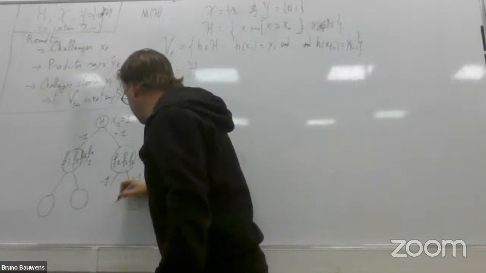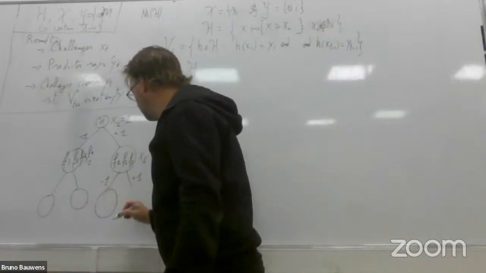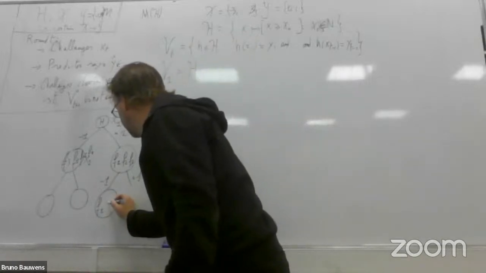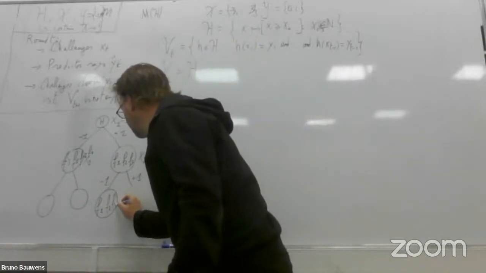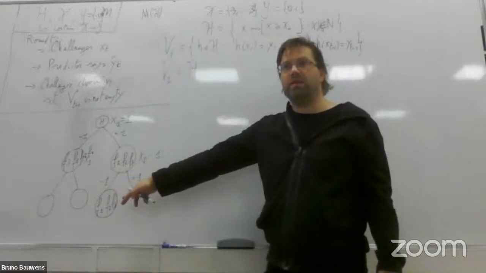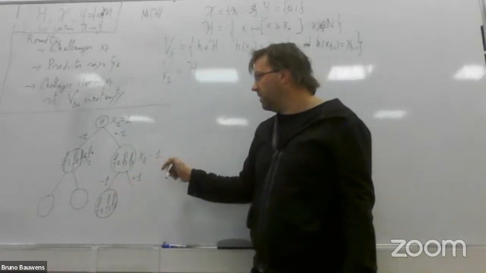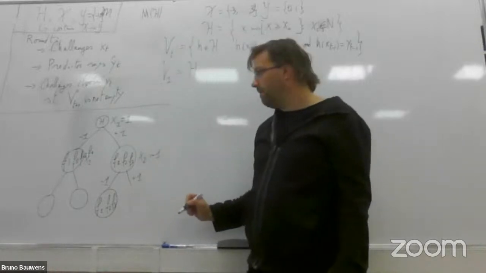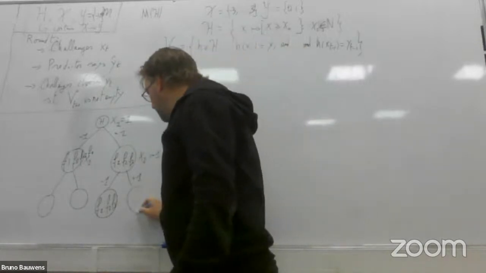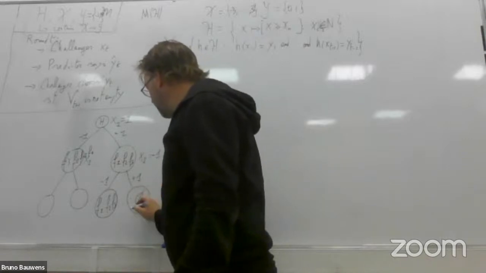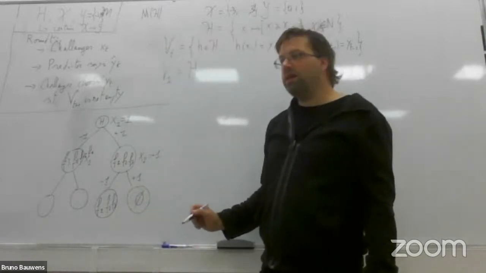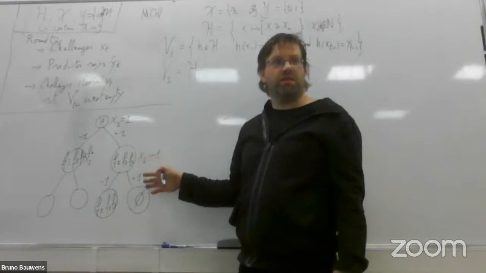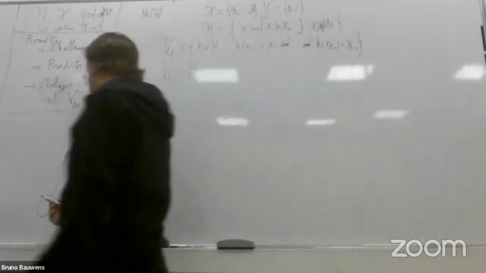And so for the answer -1, we will have the version space f_1, f_2, and f_3. All these functions will say -1 if the input x_2 is equal to -1. And for the answer +1, we have the empty set.